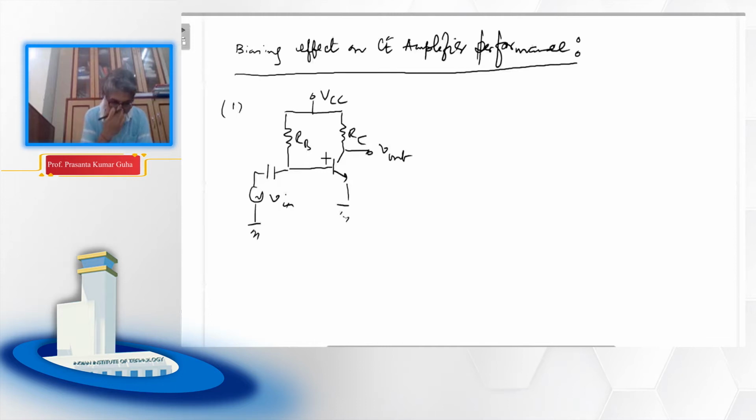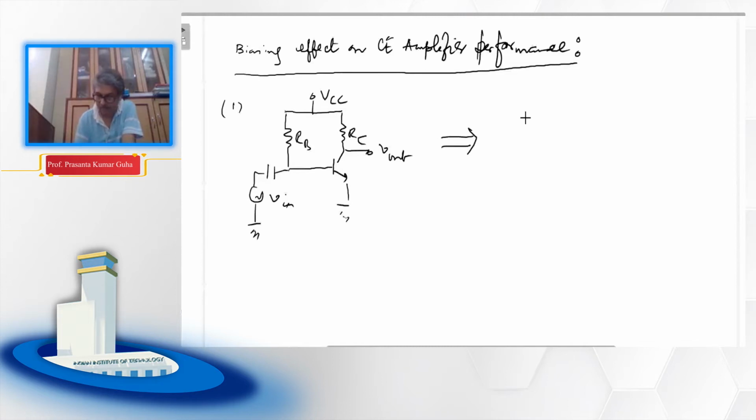You remember, if we redraw the circuit to find the input signal gain, input impedance and output impedance, it is pretty straightforward, because for that you need to AC ground this capital VCC, because this is the DC voltage.